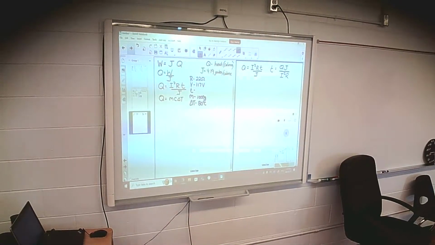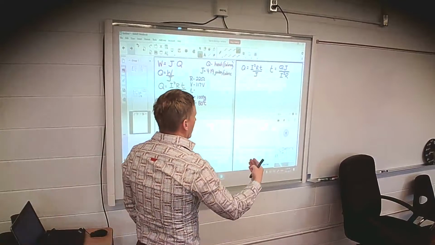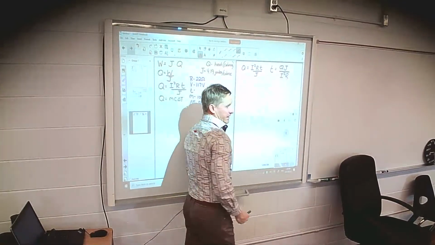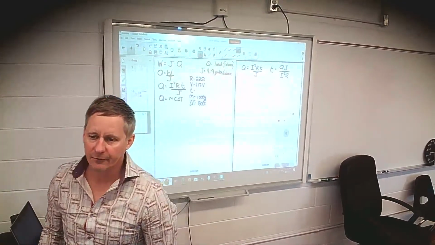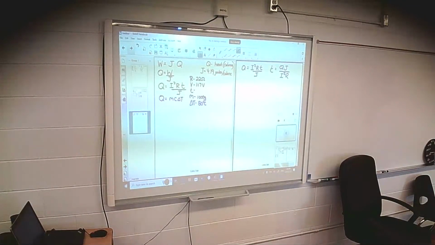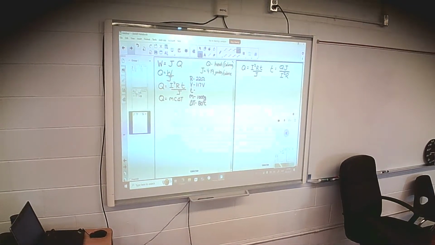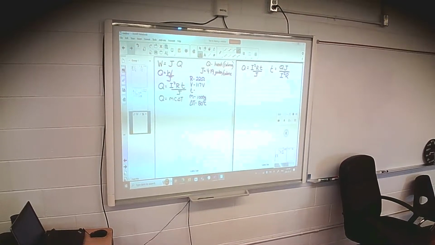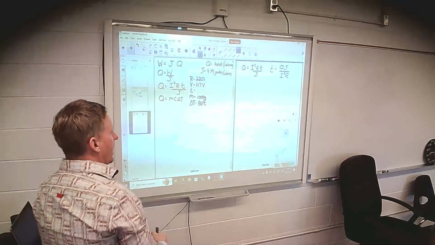So what information do I need to know in order to solve for the time here? What are the 4 pieces of information I need to know? Current, resistance, joules, heat.